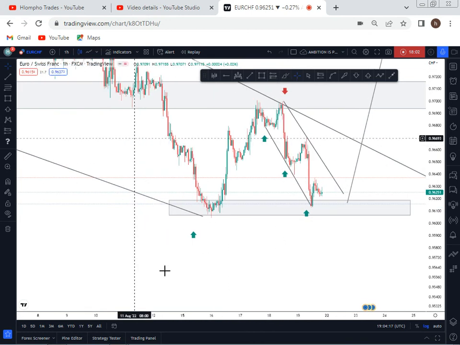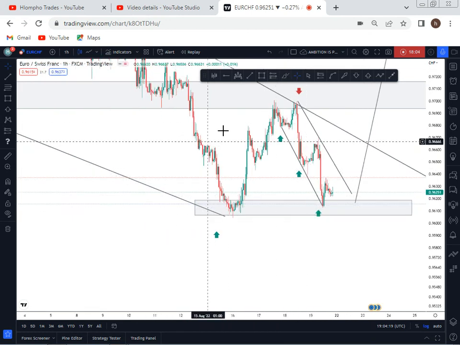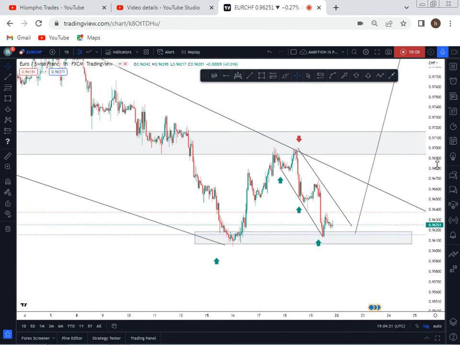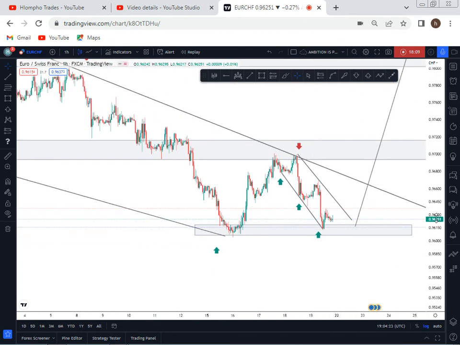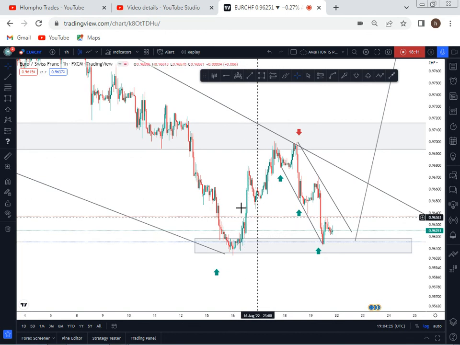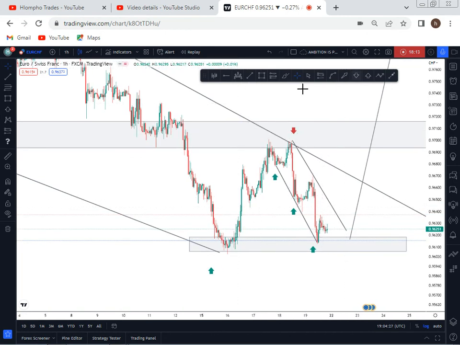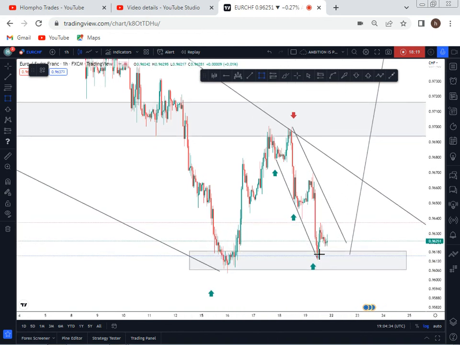Because this is a clear double bottom, which confirms a clear bias. It gives us clear bias right here, guys. So once we have a clear double bottom right here, guys, we should enter our bias.